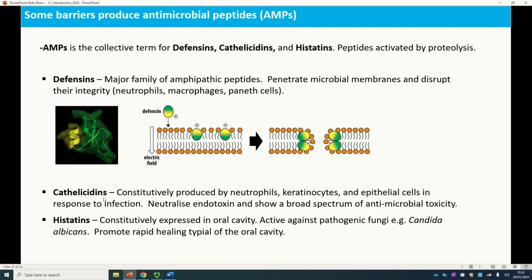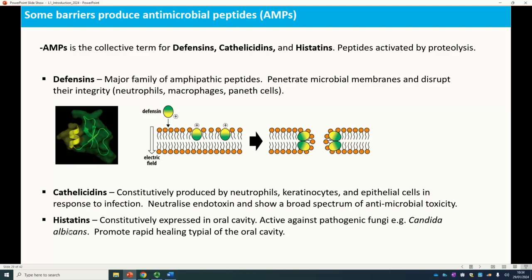We have cathelicidins, so again these are produced by neutrophils as well as various epithelial cells in response to infection, and they are able to neutralize endotoxin, but they also have antimicrobial toxicity. And then we have the histatins, so these are primarily produced in the mouth. So you may know that if you get a cut or a burn in your mouth, it heals pretty quickly compared to a cut on the skin.